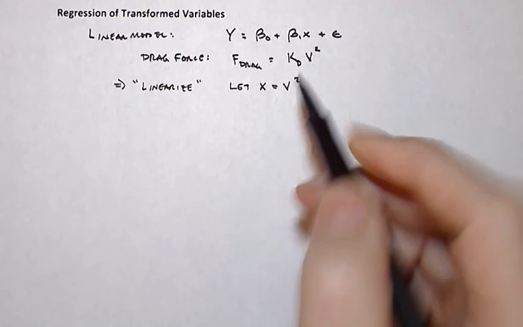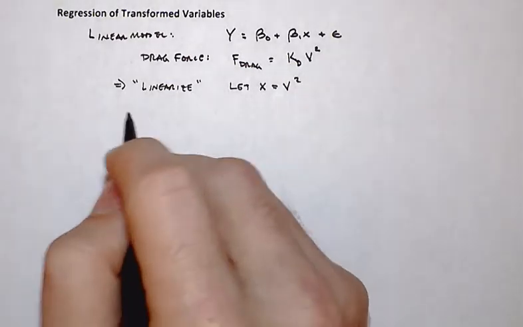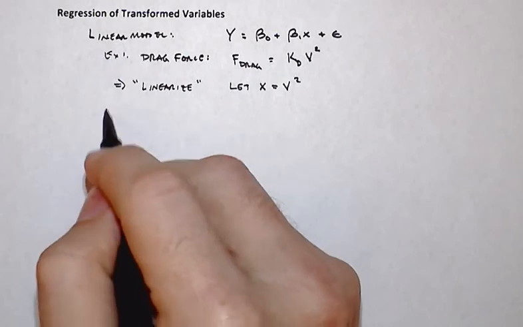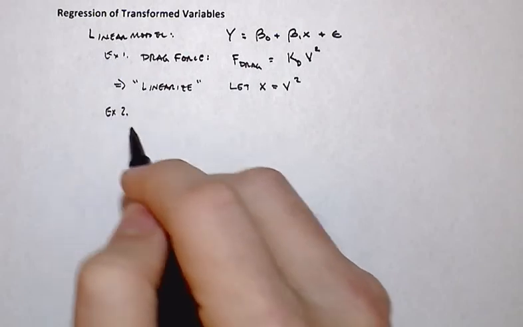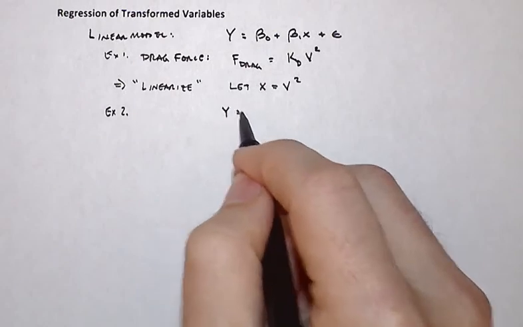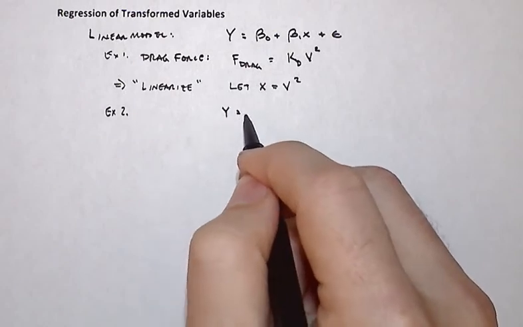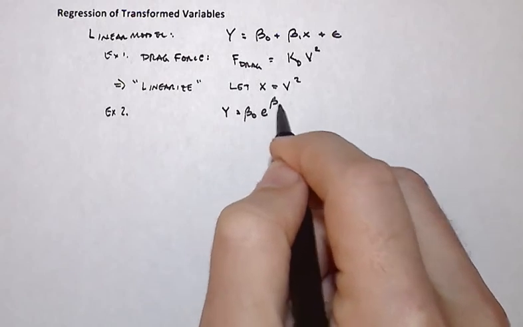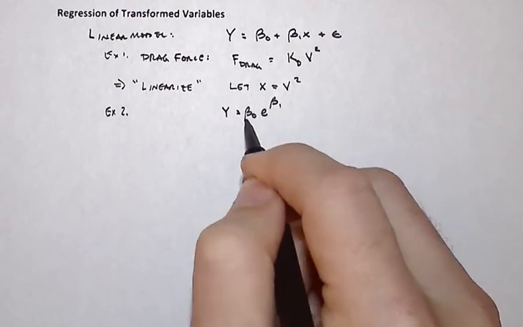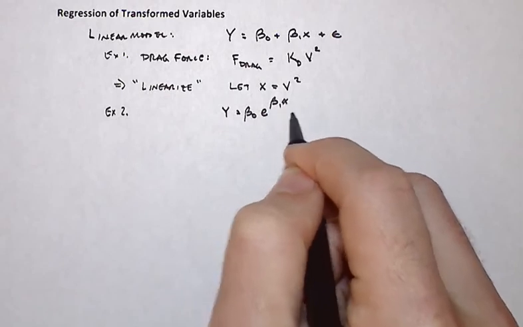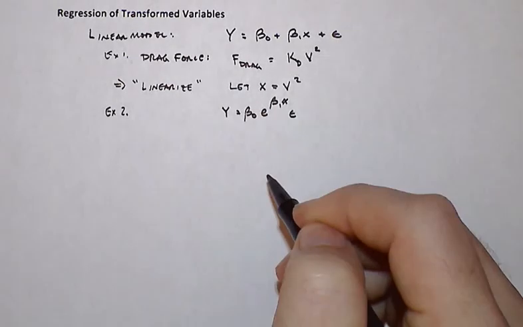Another sort of intrinsically linear kind of situation is where we think that a variable y is equal to a constant times e raised to the beta 1 times x, and then multiplied by the error term, right?